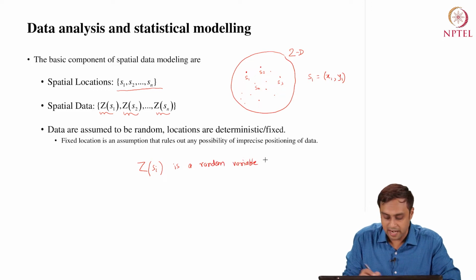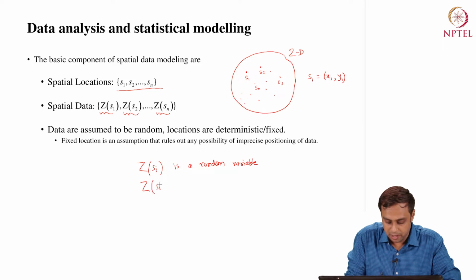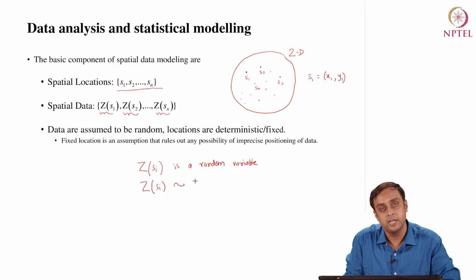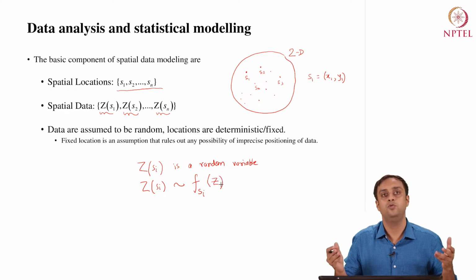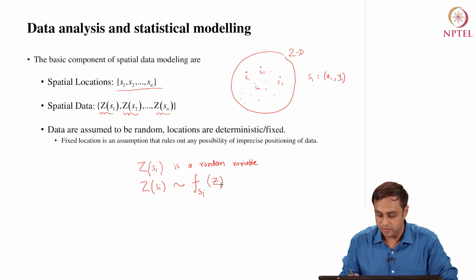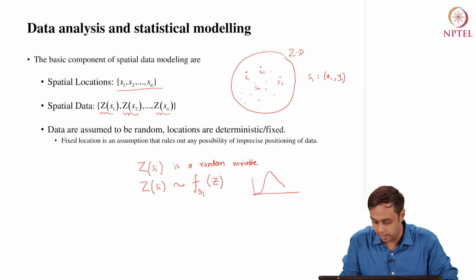And when we characterize a random variable, we will use a probability distribution function, which is to say there is a PDF f linked to location Si, which tells me what is the range of values that this random variable z can take at location Si. Right?